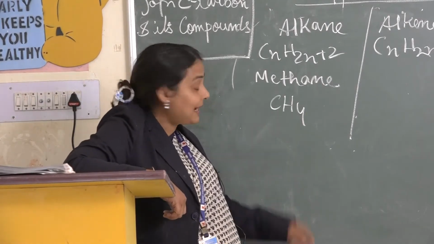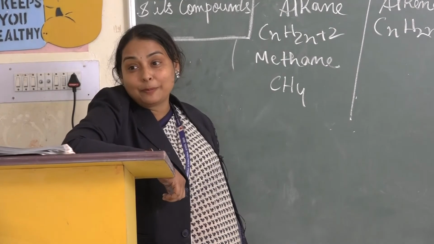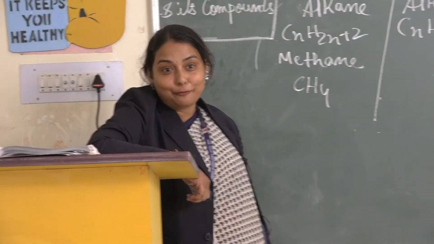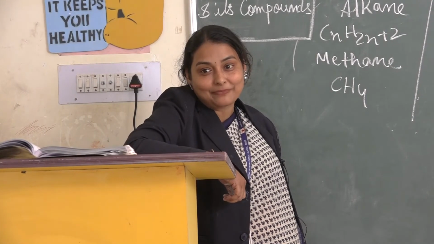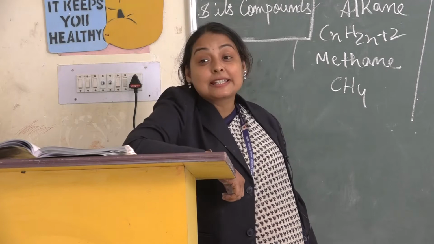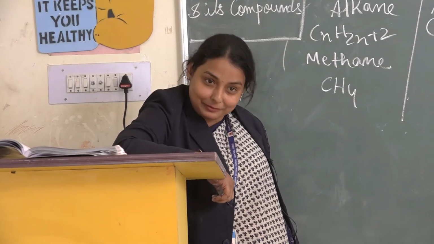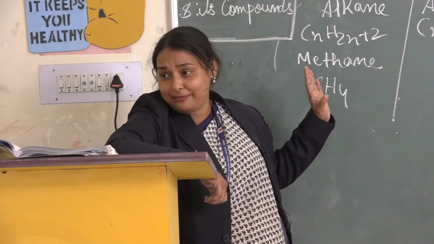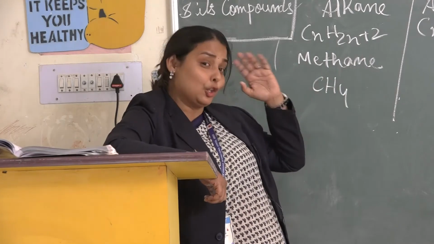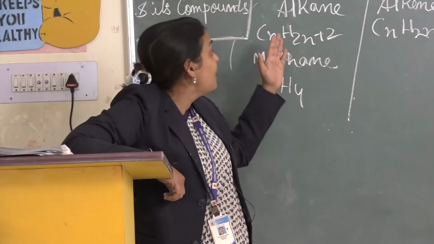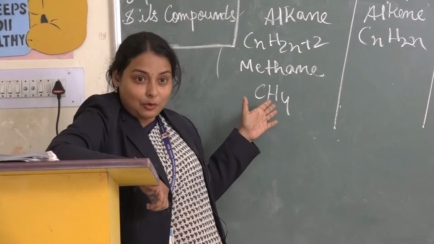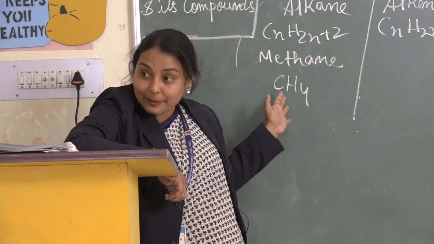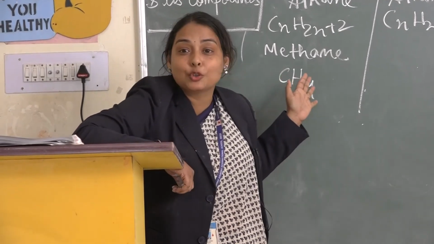So what will be the next one? It is methane. Now what will be ethane? Any one of you? That will be C2H6. Okay, the very basic logic we are going to use is that in alkane, with a single bond, we have to count how many carbons and how many hydrogens are present.